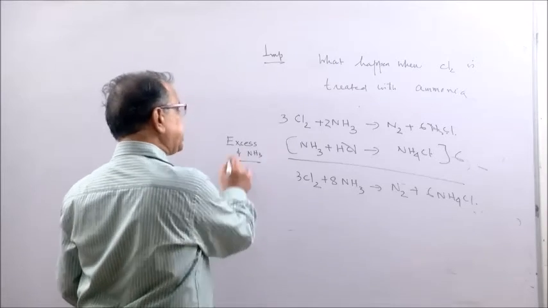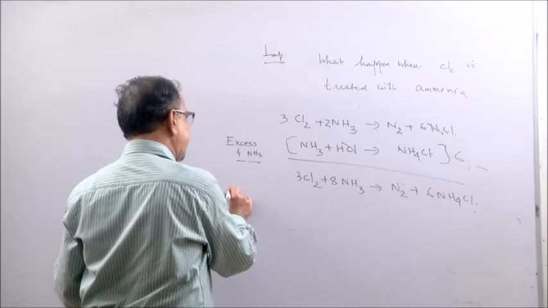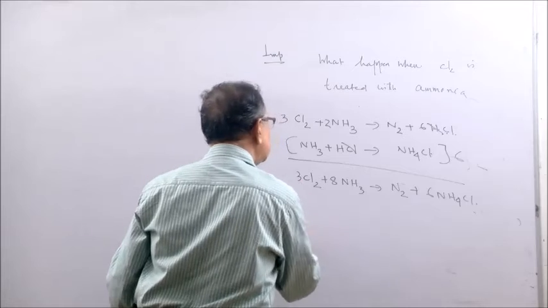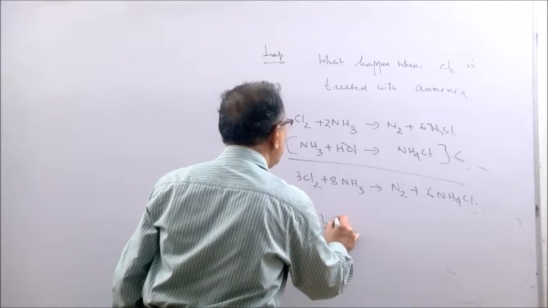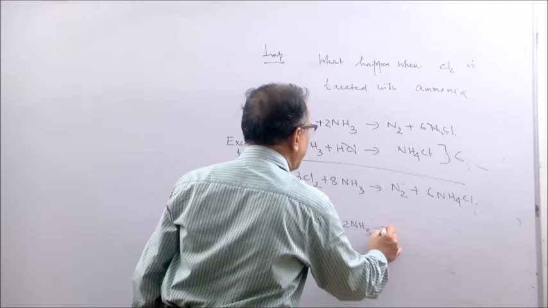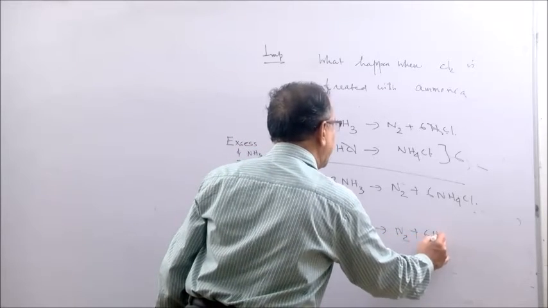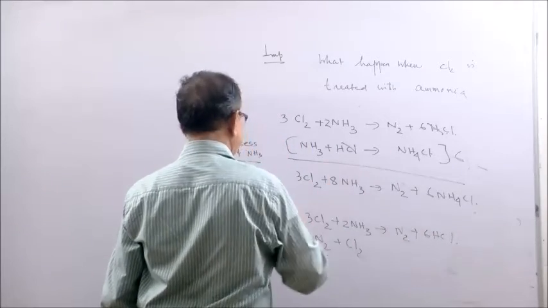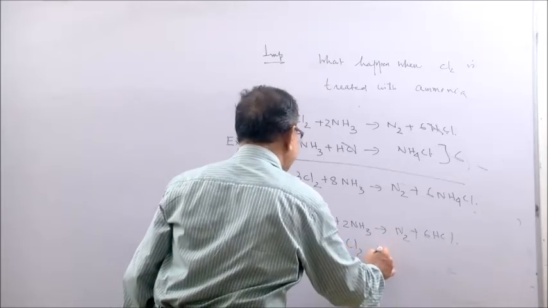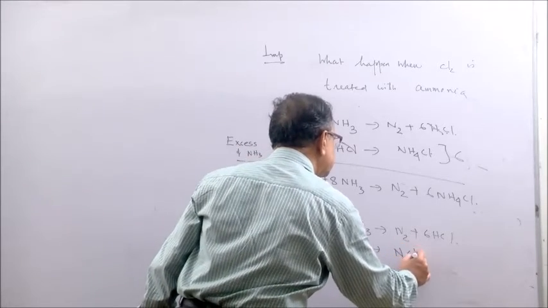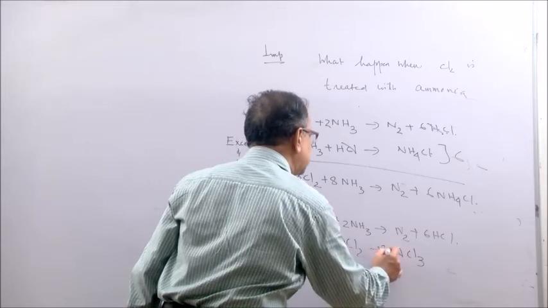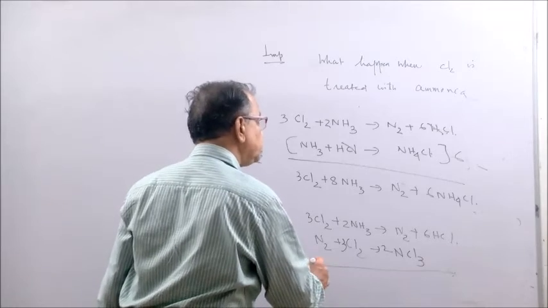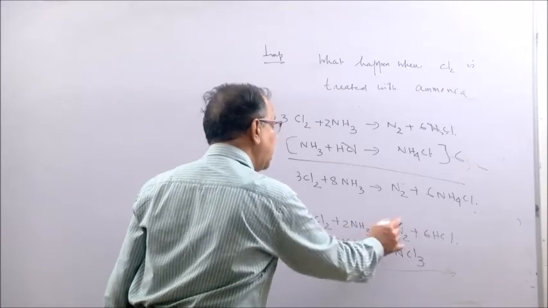If excess of chlorine, these steps are written. In a similar manner, 3Cl2 plus 2NH3 will get N2 plus 6HCl, then N2 plus Cl2, so chlorine reacts with nitrogen, and nitrogen reacts in excess to give NCl3.